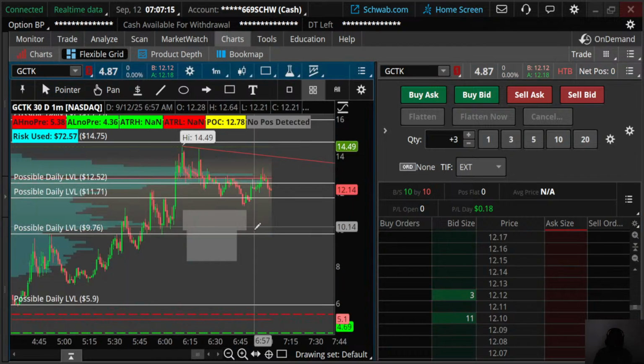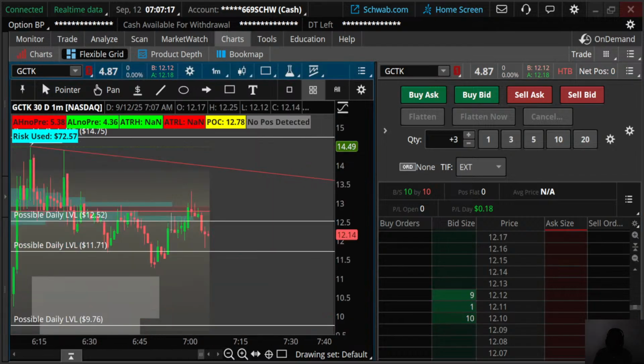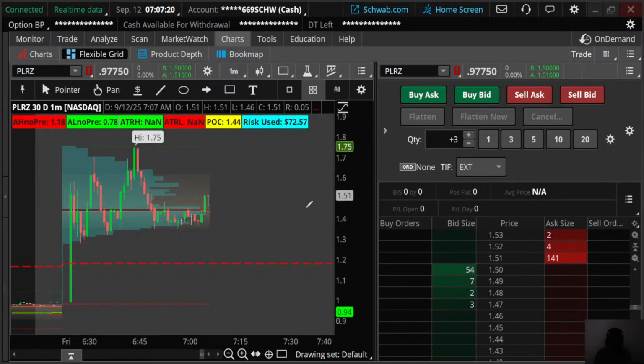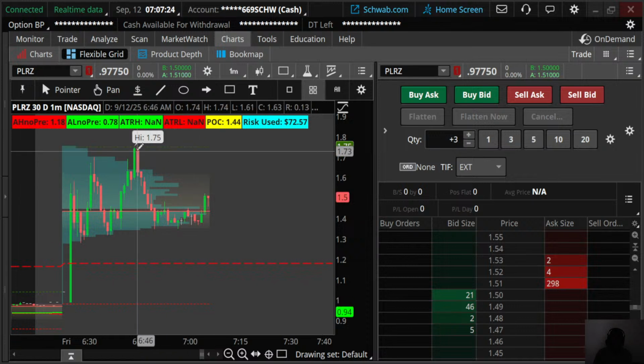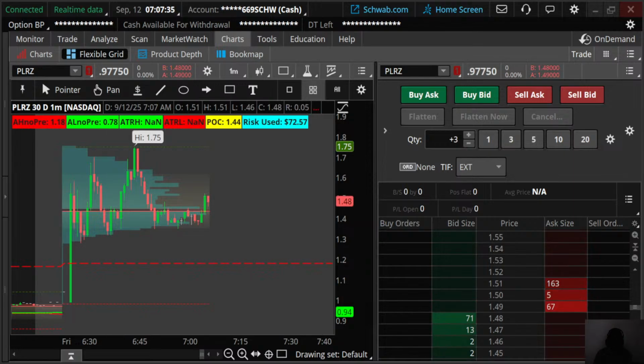So I'm gonna wait on that one, especially with PLRZ pushing on up here. It has a top up there of 175, so it's about 25 cents. The ATR for PLRZ is 20 cents. So we'll see how that goes.